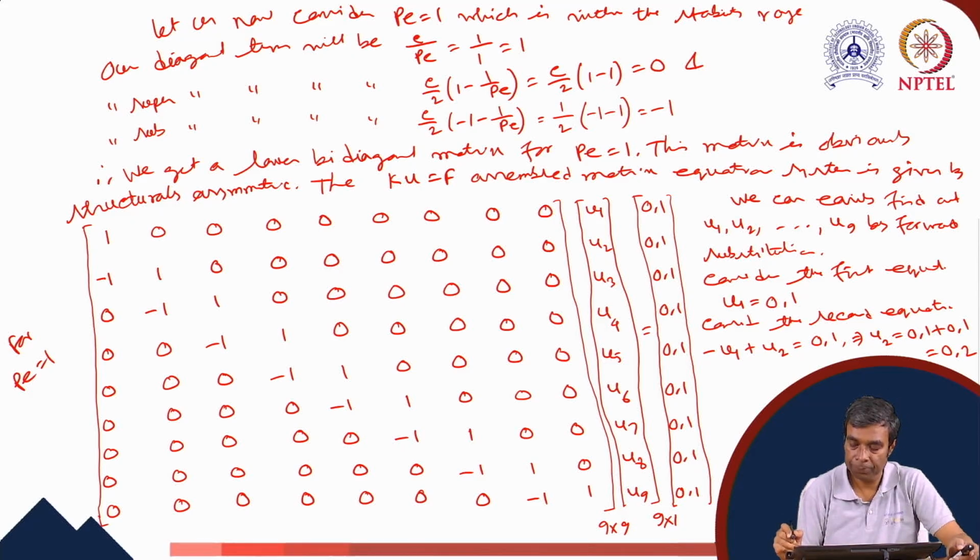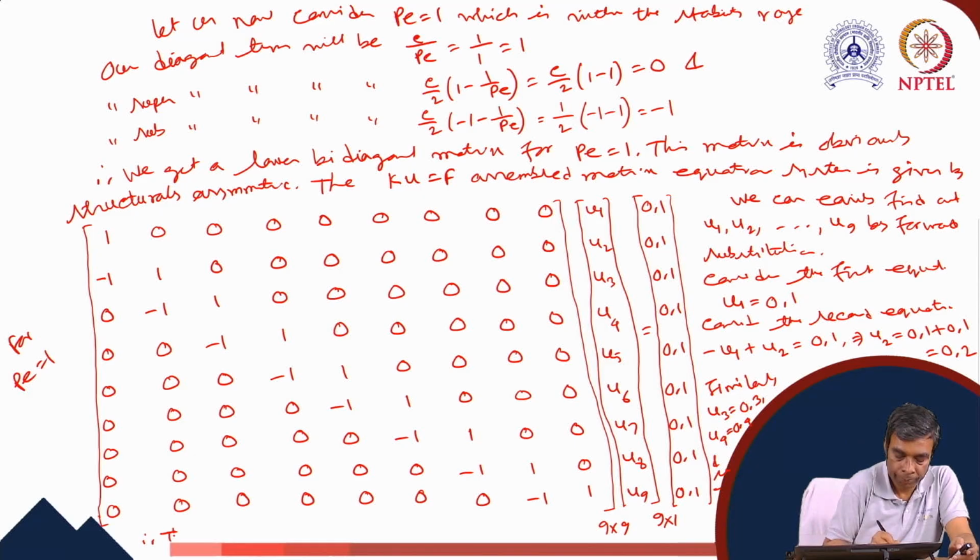Now similarly we can calculate from the third equation. Minus U2 plus U3 will be 0.1 and U3 will be U2 plus 0.1. So U3 will be 0.3. Similarly U3 equals to 0.3, U4 equals to 0.4 and so on. Therefore, the solution for Peclet number 1 is non-oscillatory.